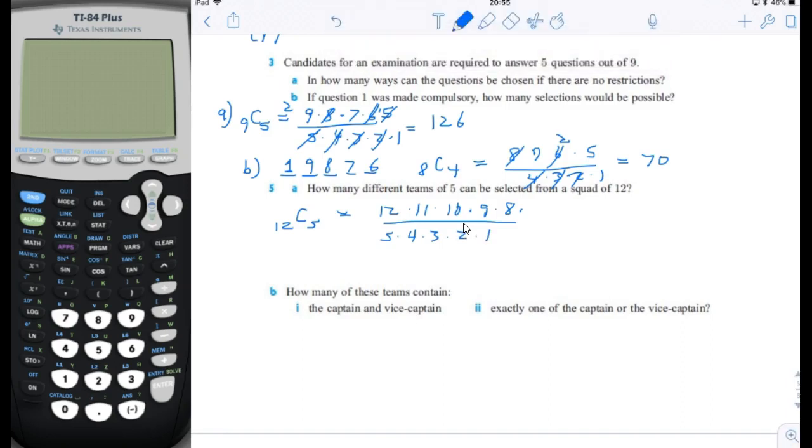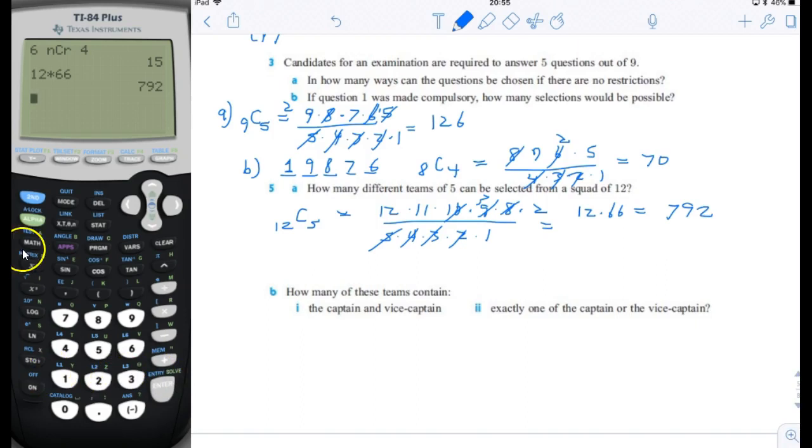And let's cancel some numbers out here. Okay, so we canceled everything on the bottom. We're left with 12 times 11 times 3 times 2. So basically that's 12 times 66. Maybe we need the calculator to do that. 792.